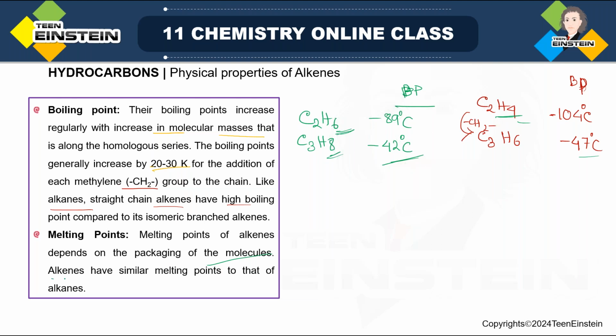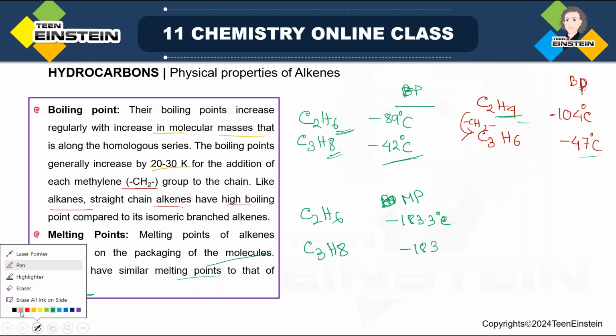But if we compare alkene and alkane, the melting points are not very different from each other. So here again we can write C2H6 and C3H8 melting point. C2H6, it is around minus 183. All will be negative because they are after all gas.